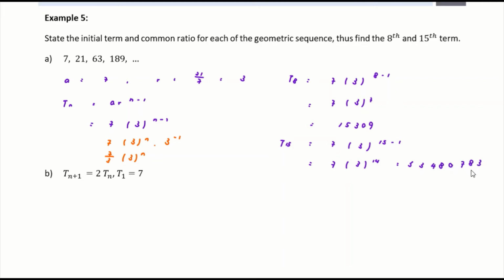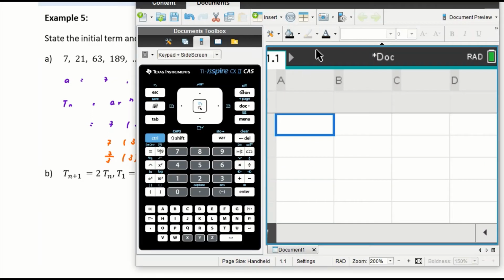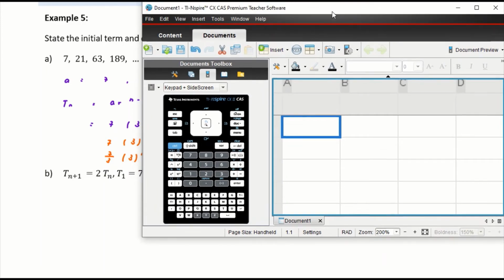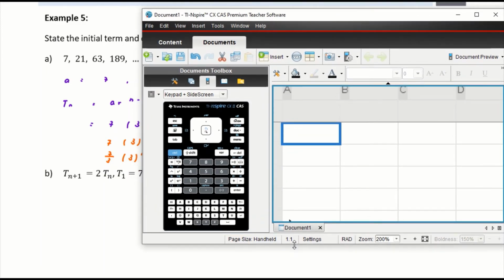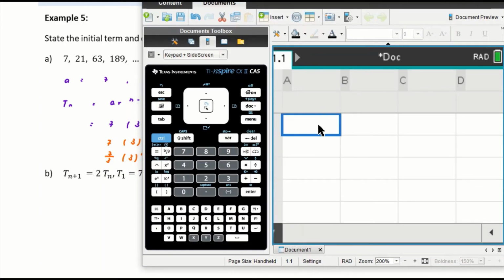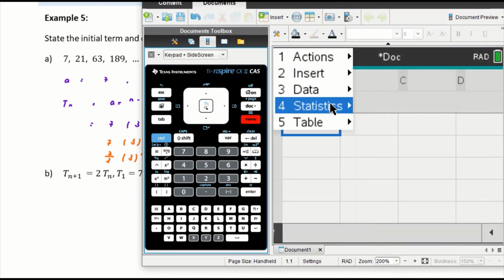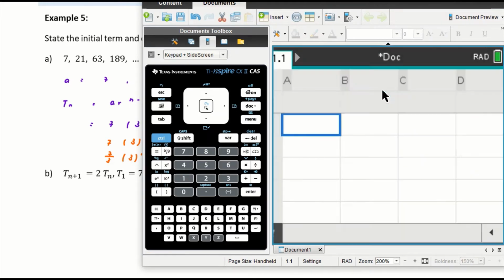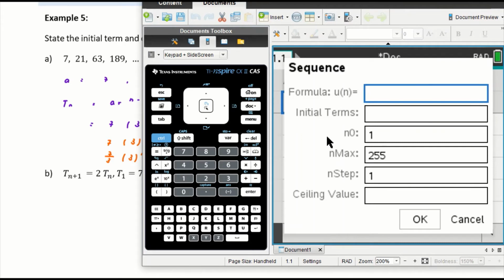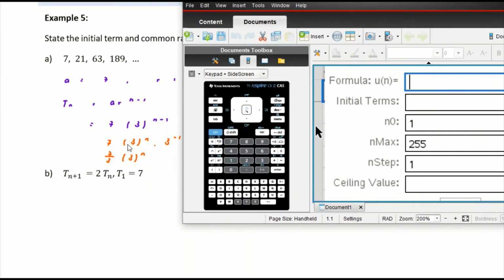Okay, so now let's use our calculator to help us check. I hope you know how to do your sequence already. So now let's key in the formula together. We use the generate sequence: data, generate sequence. So now we can key in our formula here. Let's key in the first one first, which is this one. 7, and then bracket 3, to the power of.